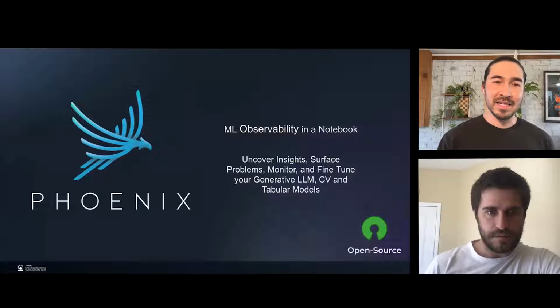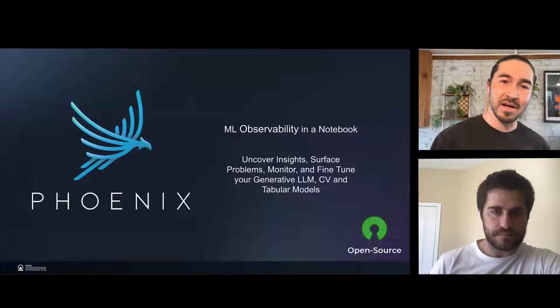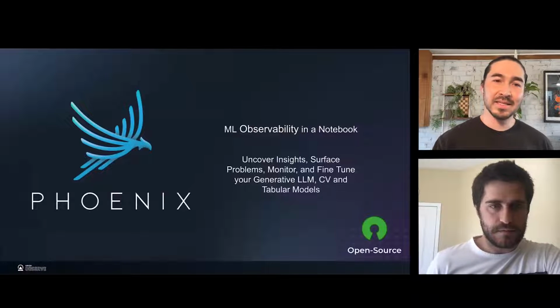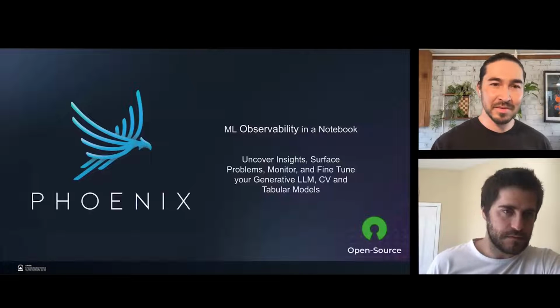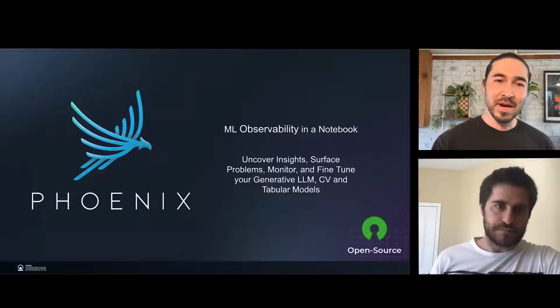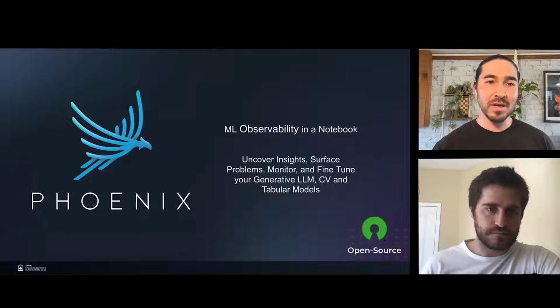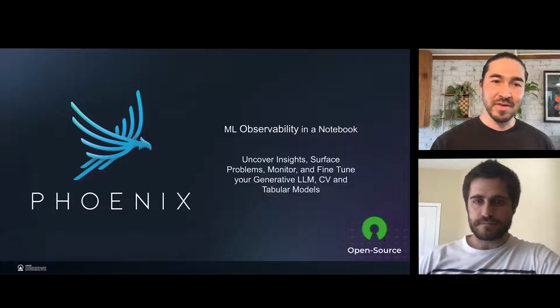So here at Arize, we want to provide the best tools for every environment. In particular, we want to bring some of the great features that Arize offers and make them easily accessible via a Python notebook for faster iteration. In addition, we thought it would be paramount to make this project open source from the get-go so that more of you can benefit from some of our findings.